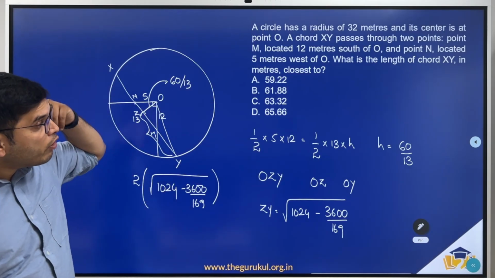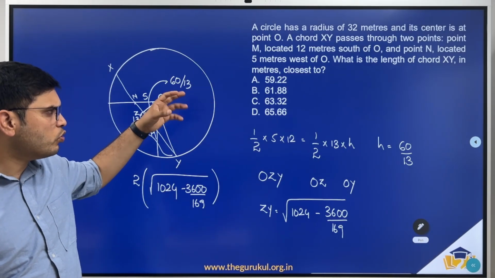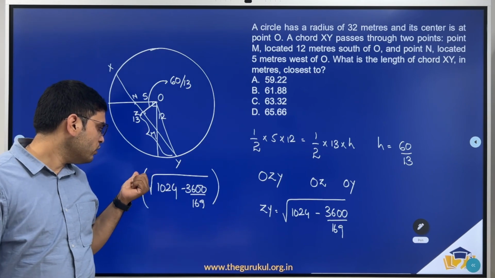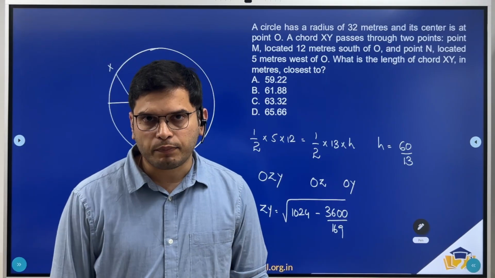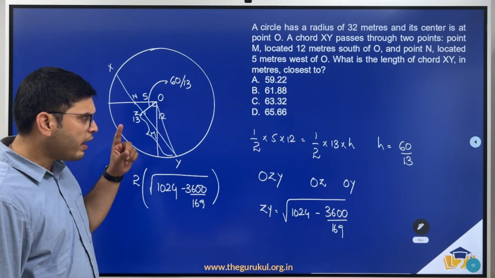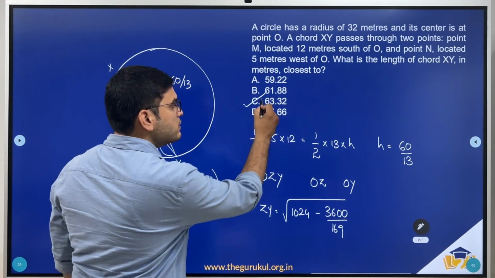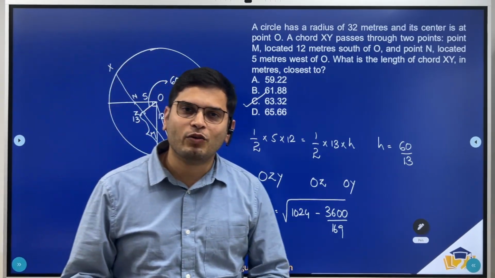Since the values given in the options are pretty much close to each other, I recommend you find the exact value of this expression, because you are already provided with a calculator in the exam, right? So try finding this value, and I remember the answer being option C, 63.32 should be the answer to this question.